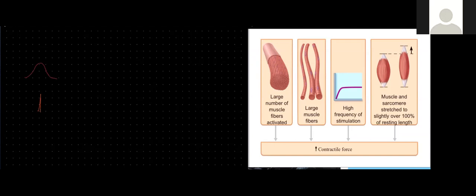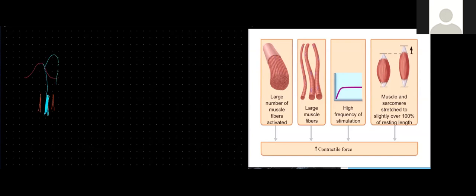But what if I get faster stimulation before I complete the relaxation of the muscle? So during mid relaxation here, before I complete the relaxation, I receive another stimulus. What's going to happen? The next contraction is going to be stronger.